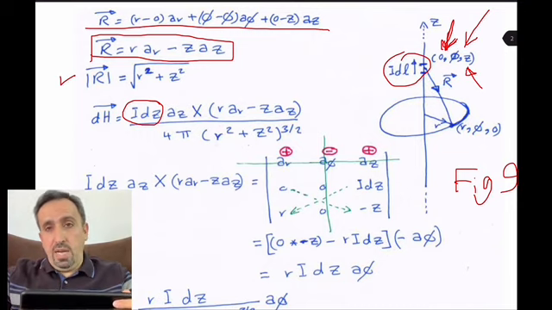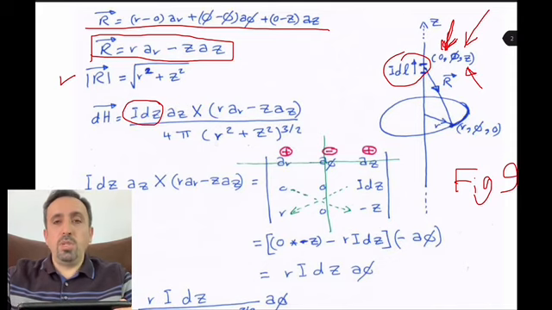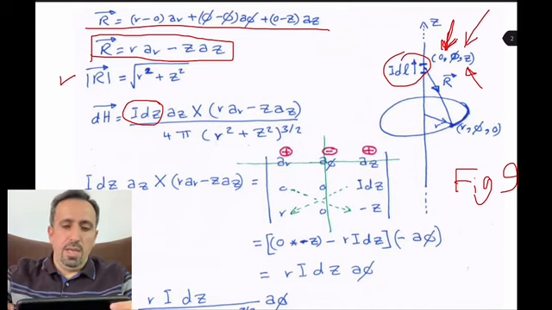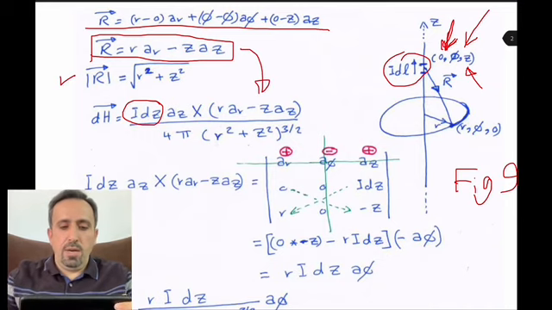The direction will also be toward positive z, as assumed in this figure. So you will figure out that the current element will be I dz a_z, to be cross-multiplied by the vector r. The vector r has just been concluded to be r a_r minus z a_z.